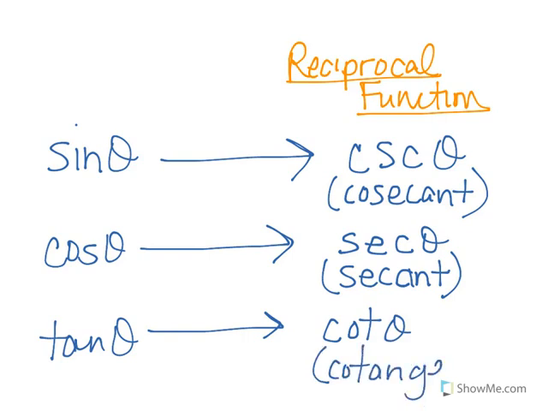And we'll put the word under it, cotangent. Okay. I think it's fairly simple to remember that tangent and cotangent are reciprocals to each other because the word tangent is within the word cotangent.